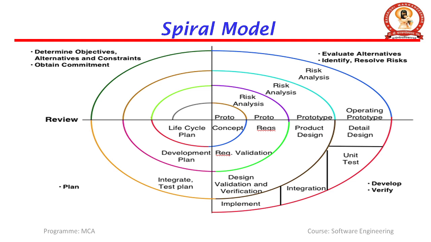The prototype is reviewed in the second quadrant and we analyze the risk factor, which is mandatory because I am dealing with a larger project. In the earlier discussed models, we never did any kind of risk analysis. So in the spiral model, we analyze the risk factor.